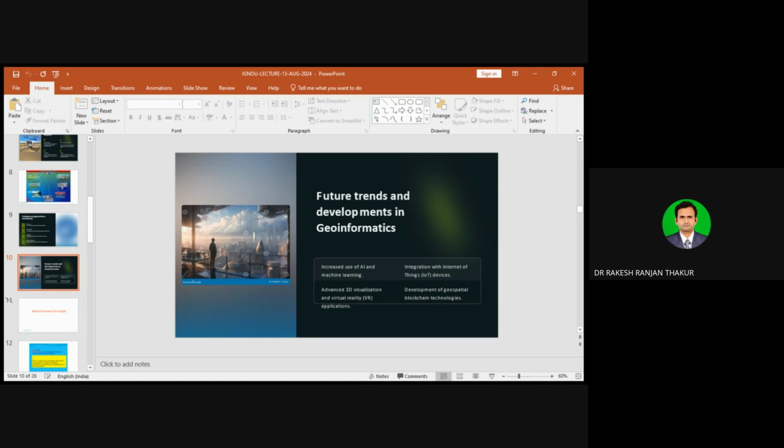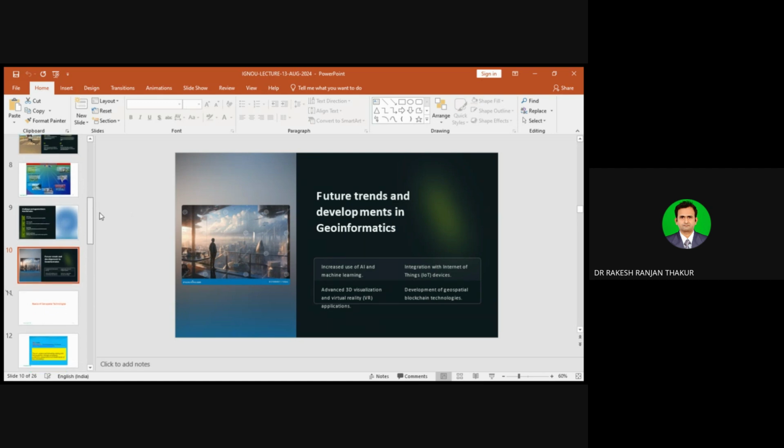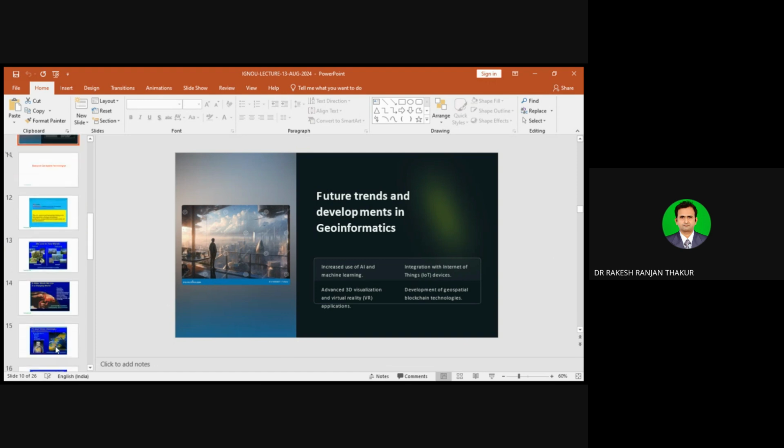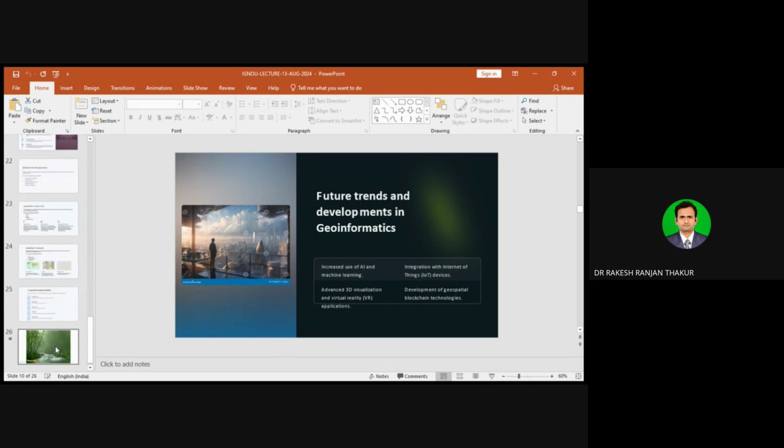Okay, so far what we have studied was mostly about remote sensing. So up to here, if anyone has any doubt or would like to ask something, you can ask me, because after this slide we will be talking about some GIS related things.